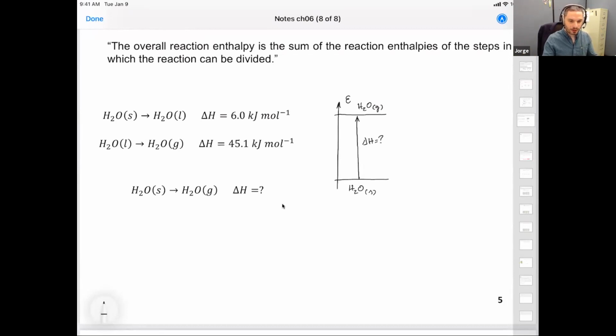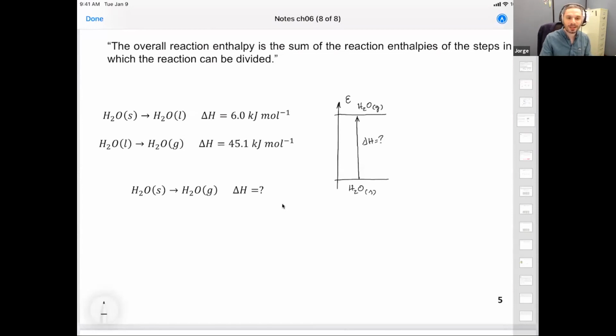The good thing about this transformation is that we can easily measure the enthalpy of the water going from solid state to liquid state, and then from liquid to gas. So we have those numbers here, and there is no problem to measure them. Okay, so see that the problem reaction has a starting point and an ending point.